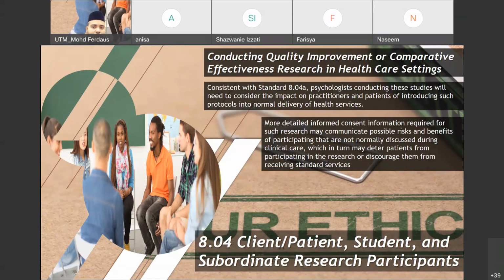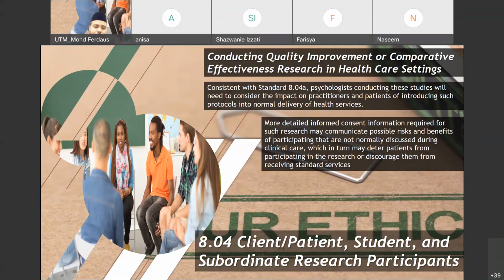So we need to conduct quality improvement or comparative effectiveness research for that. Consistent with standard 8.04A, the psychologists conducting these studies will need to consider the impact on practitioners and patients of introducing such protocols into normal delivery of health services.